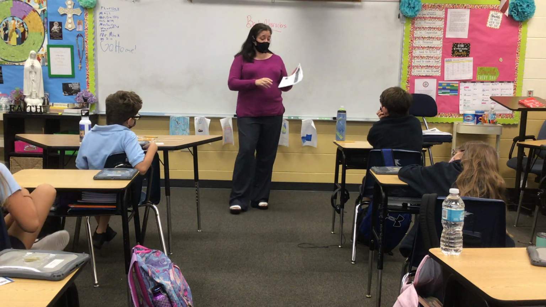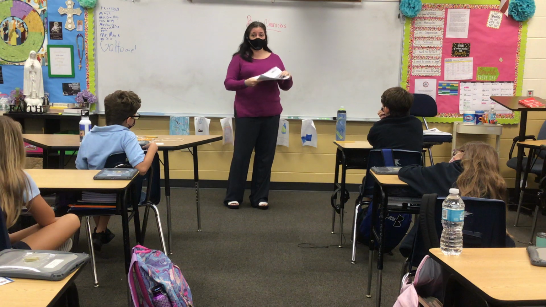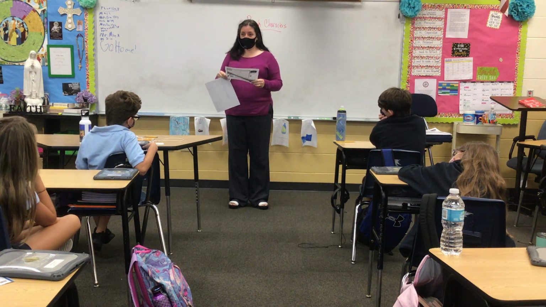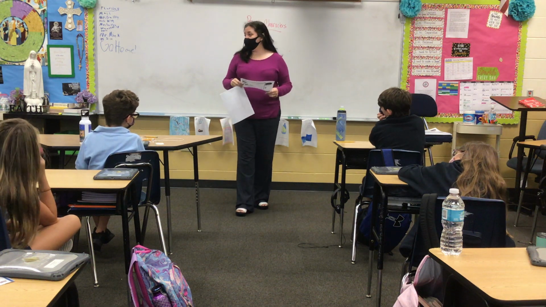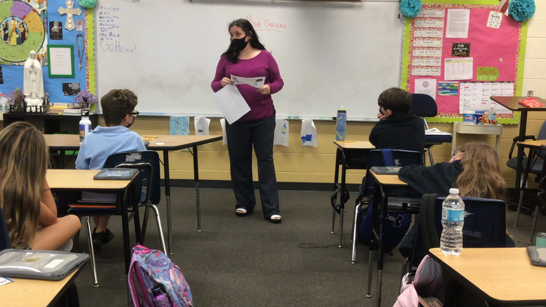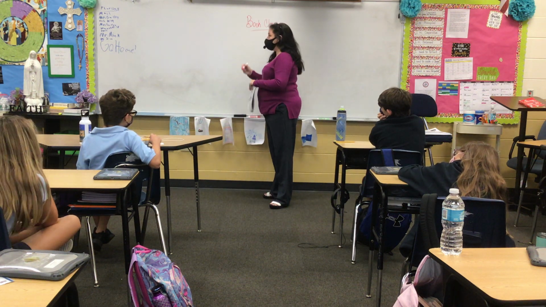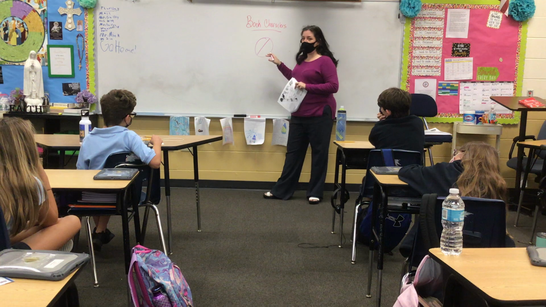I already read you the sample on front, and those of you at home, you're going to read the sample on your page. Your directions for culinary symbolism. Again, culinary means food. And symbolism means something represents something else. So for example, if I drew this sign, whatever I write in here, what does that mean?